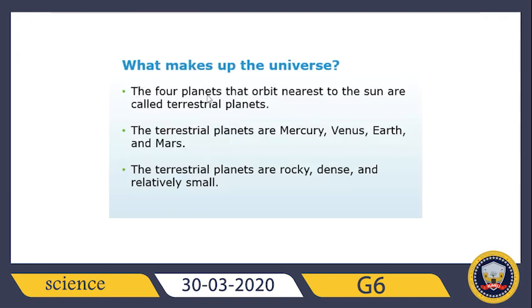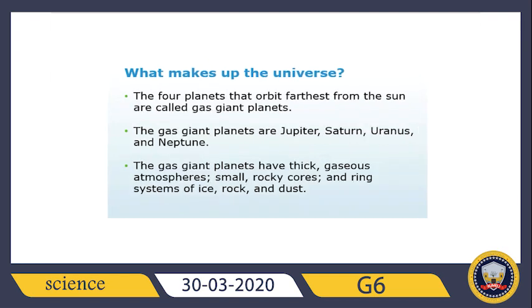So again, guys, the 4 planets that orbit nearest to the Sun are called terrestrial planets. The terrestrial planets are Mercury, Venus, Earth, and Mars, and these planets are rocky, dense, and relatively small. What about the gas giant planets?